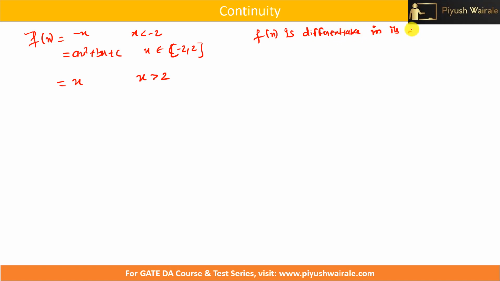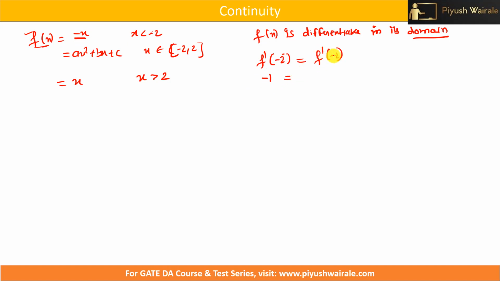Now this particular function f of x equals minus x when x is less than minus 2, right? So can I write like this? f dash of minus 2 from the left must equal f dash of minus 2 from the right. Now if you differentiate this particular thing, what will you get? Minus 1 here.